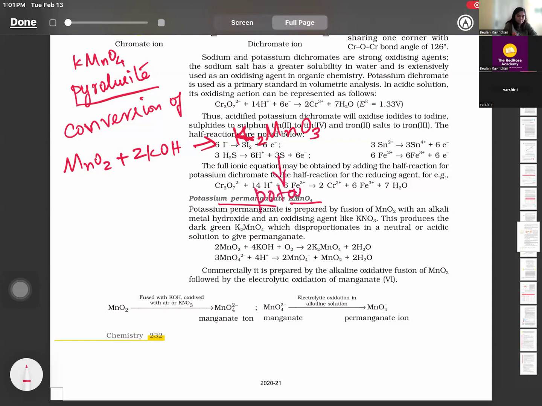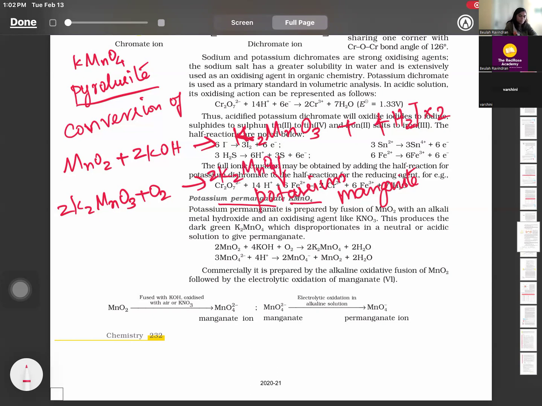Plus 4H2O, twice. Okay. Then this potassium manganate, 2K2MnO3, is again oxidized to become potassium permanganate.